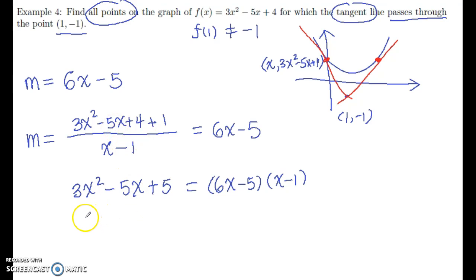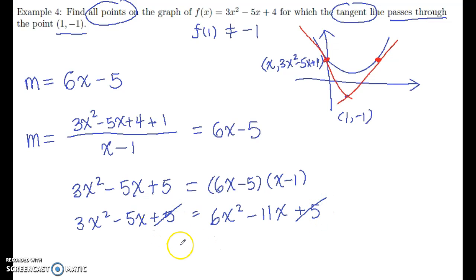We further simplify the right-hand side: 6x times x is 6x squared, minus 5x minus 6x is negative 11x, minus 5 times -1 is plus 5. So we have cancellation on both sides. We bring everything to the right side, so 0 equals 3x squared minus 6x. That's the equation.